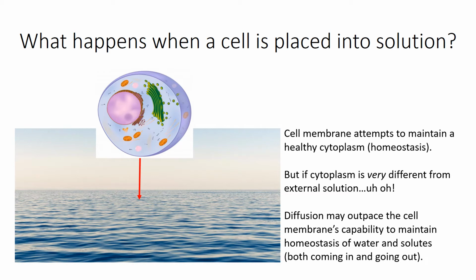The diffusion of molecules, both coming into and going out of the cell, might outpace the cell membrane's capability to maintain homeostasis. For instance, it may lose too much water and become dehydrated, or it may take on too many solutes and become poisoned.